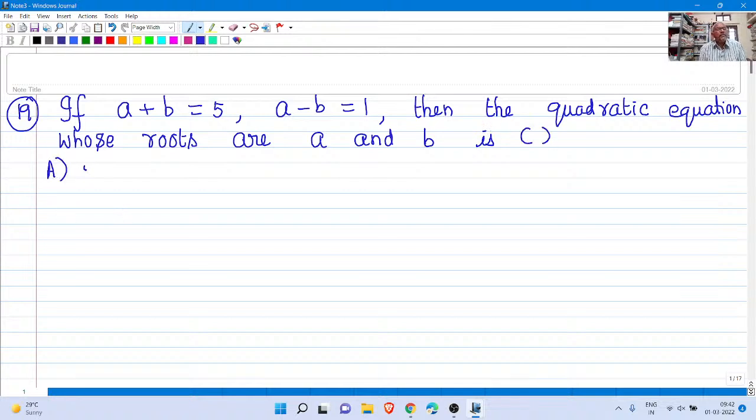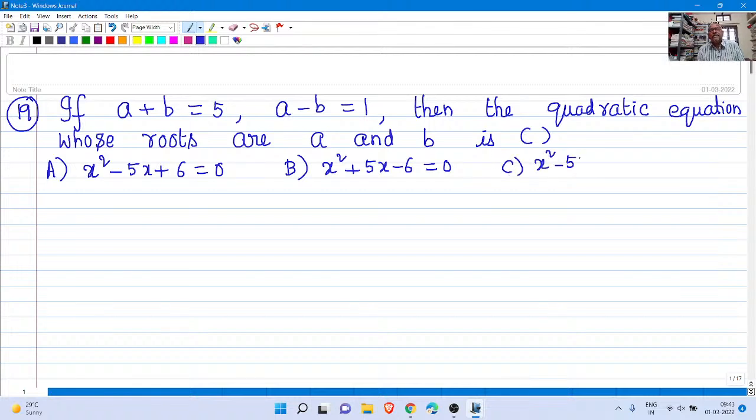A, x square minus 5x plus 6 equals 0. B, x square plus 5x minus 6 equals 0. C, x square minus 5x minus 6 equals 0. D, x square plus 5x plus 6 equals 0.